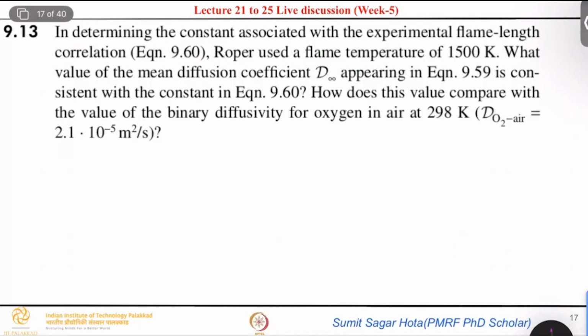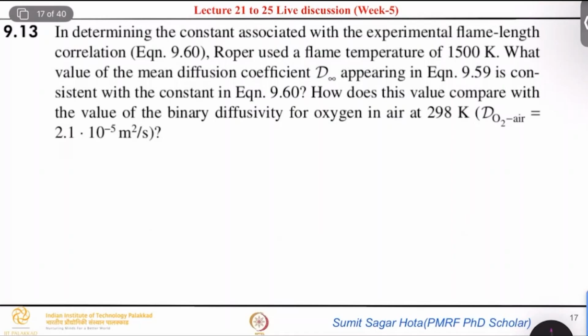Now in this question, let's read the question. In determining the constant associated with the experimental flame length correlation in 9.60, Roper used a flame temperature of 1500 Kelvin.